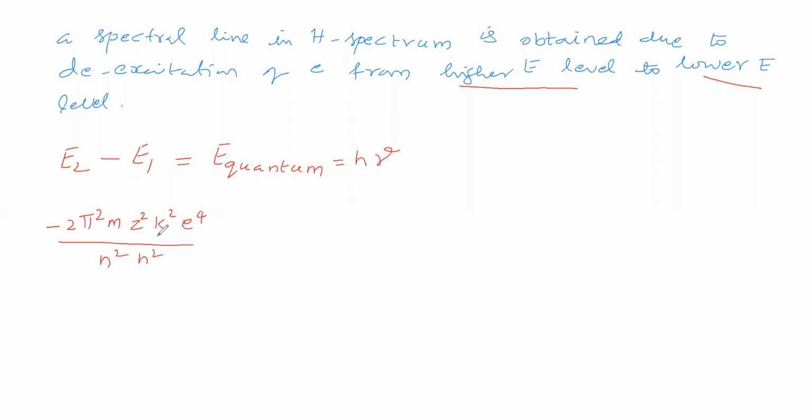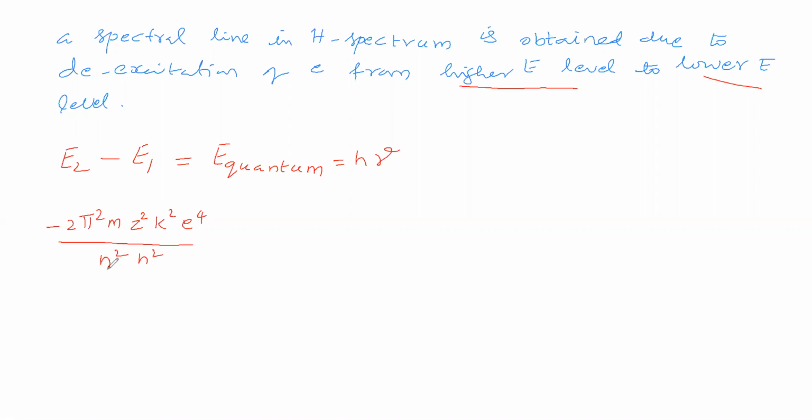Here n is called what? The level. Which energy level? If n is equal to 1, it is the first energy level or first orbit. If n is equal to 5, that is called the fifth energy level or fifth orbit. Like this we will say. Now, this formula we substituted for E2. E2 is not indicating the second level, it indicates the higher energy level.